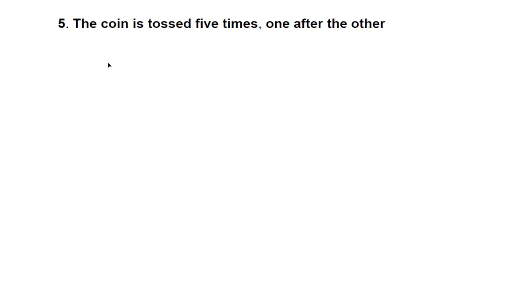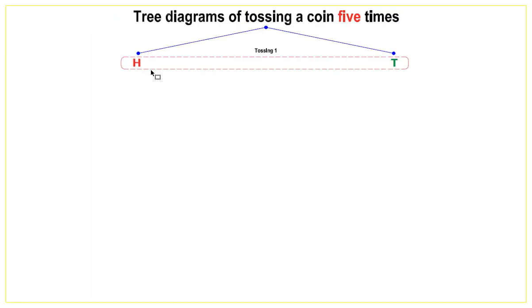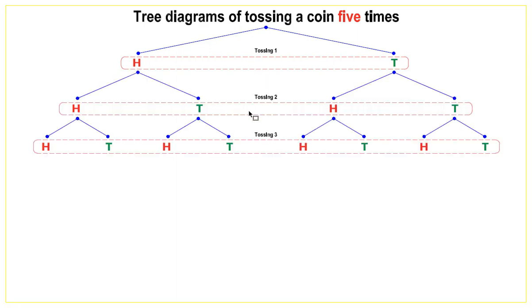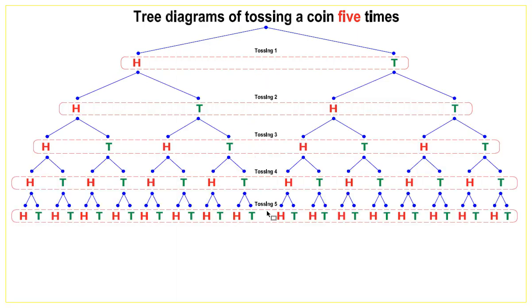Now we are going to toss the coin 5 times, one after the other, and we are going to write down all possible outcomes. So let's use the tree diagram. So we have the first tossing and second tossing, third tossing, fourth and fifth.